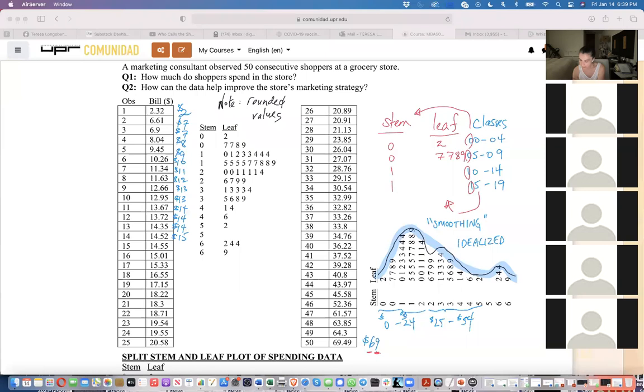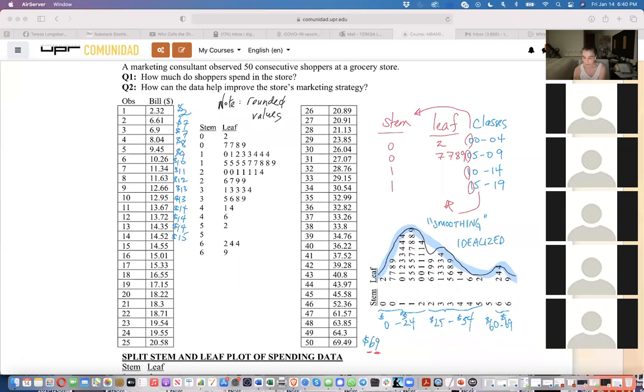But then there's a few here that are spending from 60 until $69. So it's in this group here, like 6 customers, up until here. It takes 6 of these customers to spend as much as one of these customers over here in the high group.